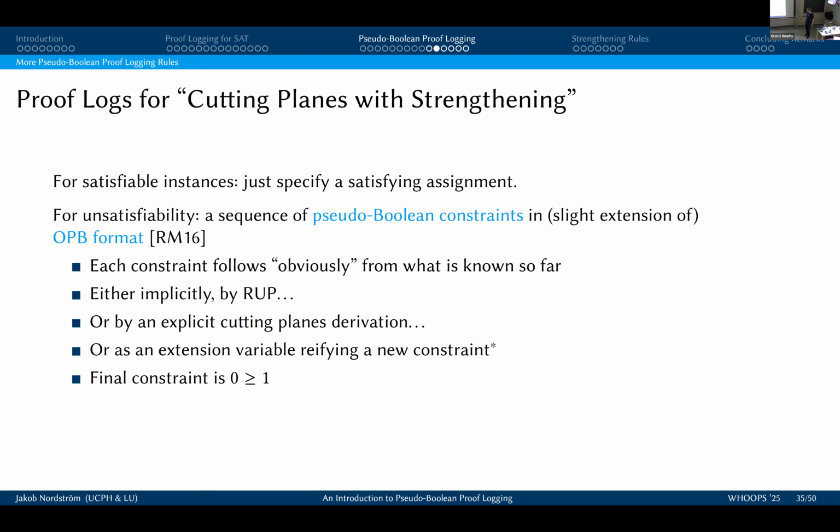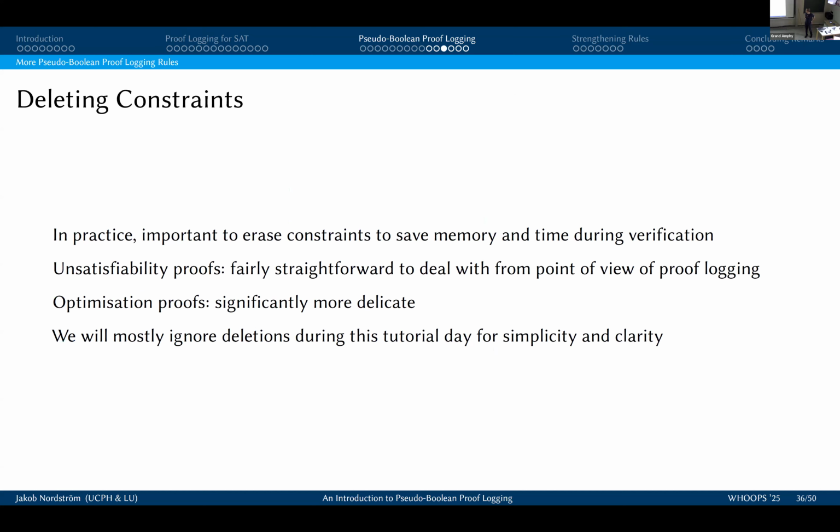Then in a proof by contradiction, the final constraint is 0 greater or equal 1. I'm cheating a little bit on the strengthening rule; we'll see more details about that in a little bit. But this is basically what pseudo-Boolean proofs are.